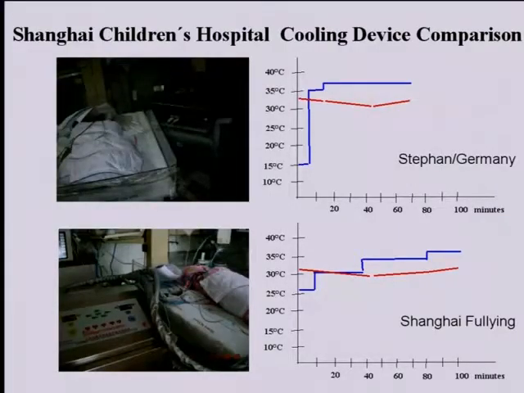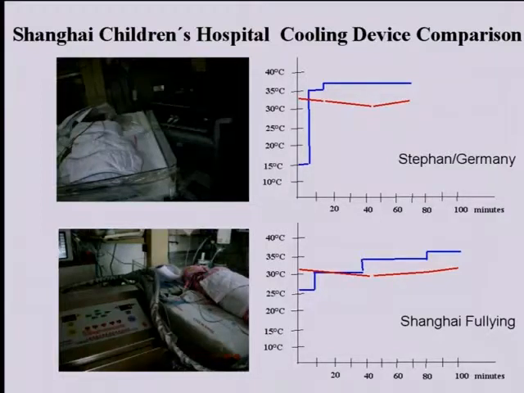However, when we asked our nurses to regulate the temperature of the fluid in the mattress for cooling, and we examined 6 babies, you can see the nurses managed very well for 72 hours to keep the rectal temperature between 33 and 34, with some variation in between, and only few babies either below or above.